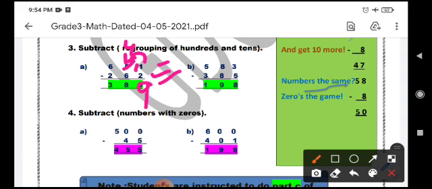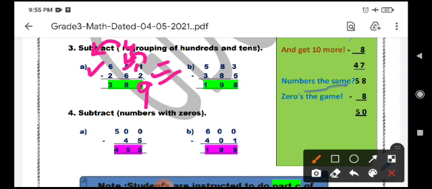4 minus 6. Is it possible for us to subtract 6 from 4? No. So what will we do? We have to regroup the tens place also. For that, we will go next door to the hundreds place and we will borrow 10.